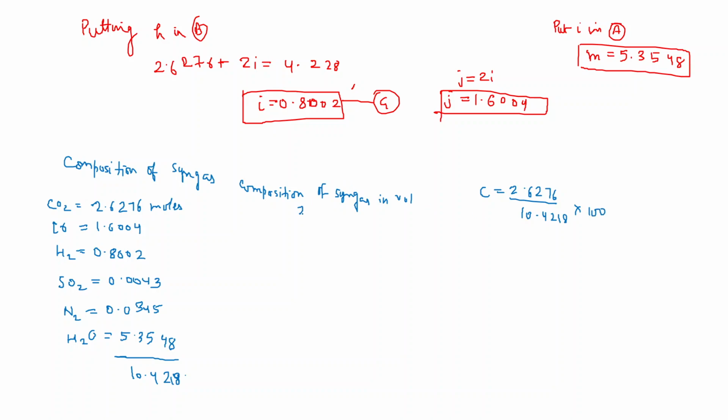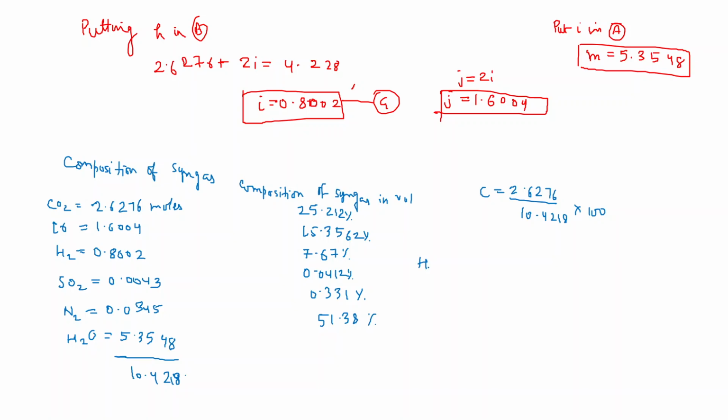So likewise we will be getting all the compositions: 25.212 percent, 15.3562 percent, 7.67 percent, 0.0412 percent, 0.331 percent, 51.38 percent.